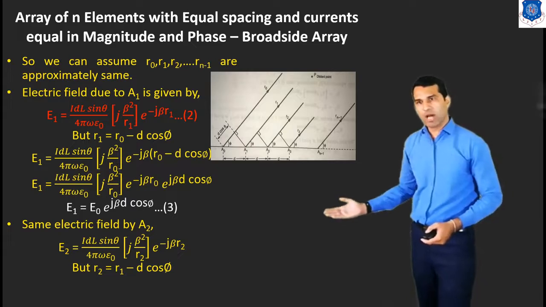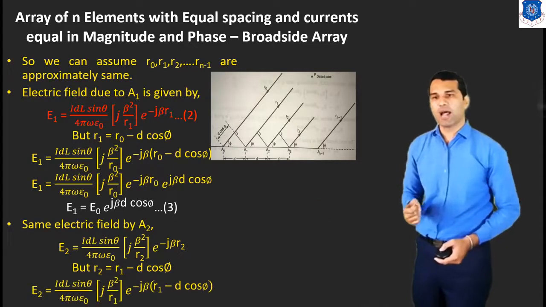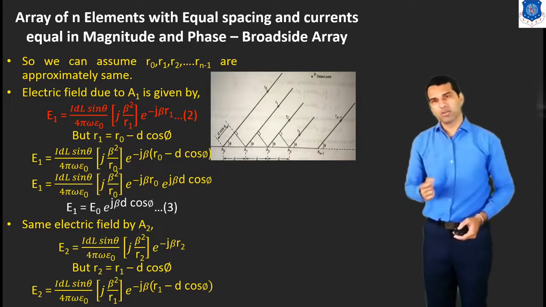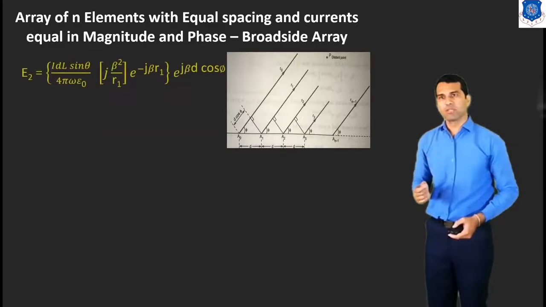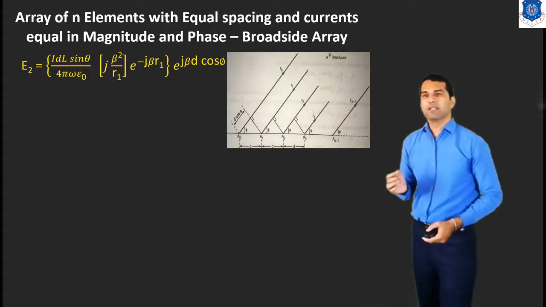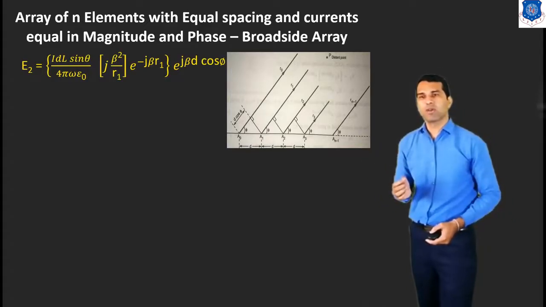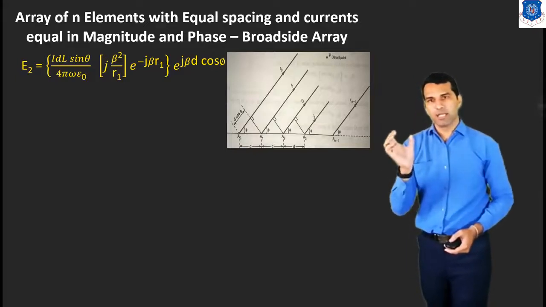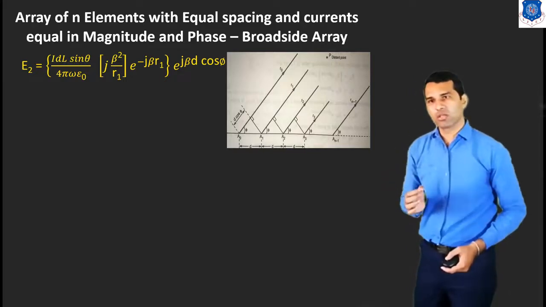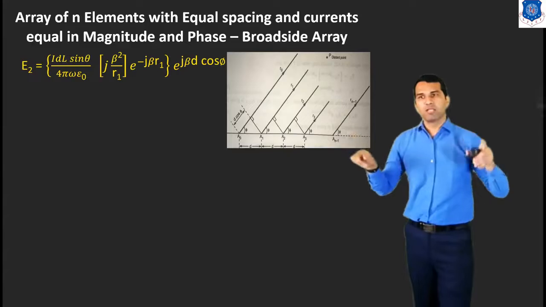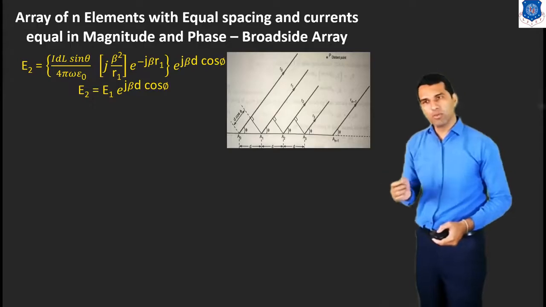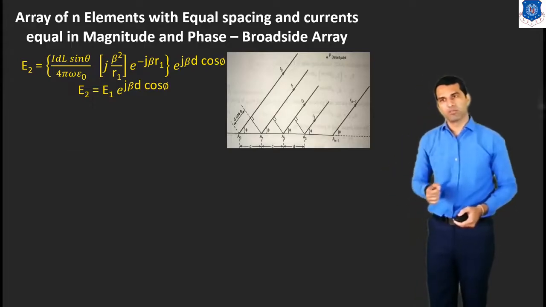Putting this value of r2 in the equation and solving as before, we get the term I dl sin theta over 4 pi omega 0, j beta squared over r1, e raised to minus j beta r1, into e raised to j beta d cos phi. The bracket term is nothing but E1. So we can simply write E2 = E1 e raised to j beta d cos phi.